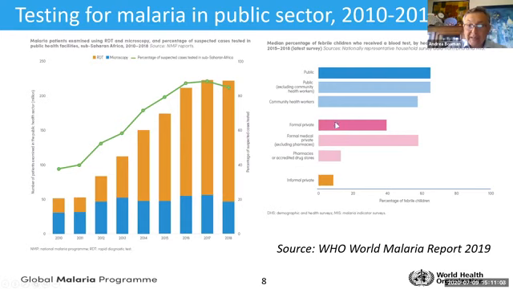But if I go to other health facilities in the private sector, including pharmacies or accredited stores, very few people get a test. In the formal private sector it is extremely rare. So this is still a big problem. A lot of people who go to the private sector get anti-malarials without any form of testing.